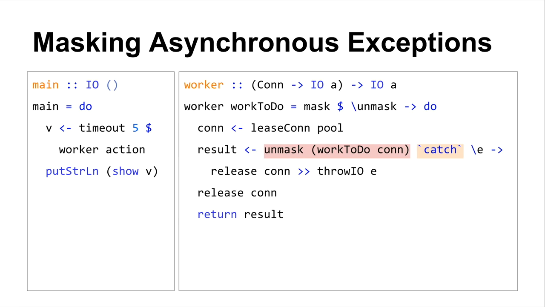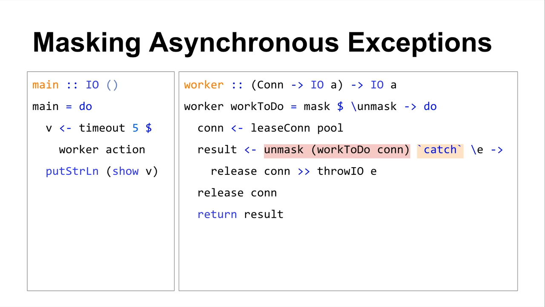Catch would catch a synchronous thing if work to do was the expression being evaluated. If I were not using mask, and someone threw an asynchronous exception here, could I use catch? The answer is yes. For instance, I had an example earlier where I was sleeping.